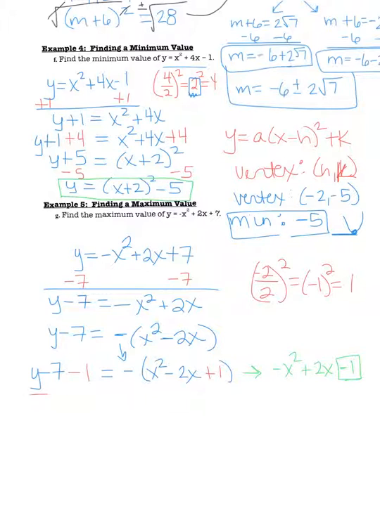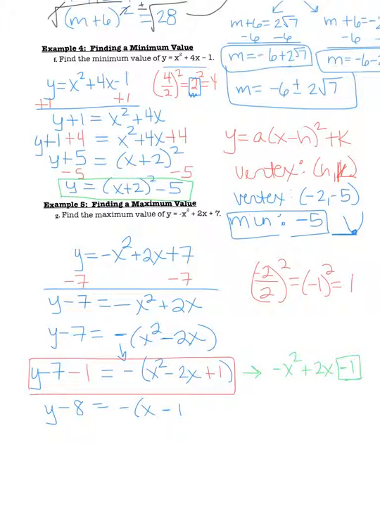Now let's simplify the equation, and we have y minus 8 equals negative, and this part, let's factor x squared minus 2x plus 1. So what times what gives you positive 1, but when you add it together you get negative 2, and the answer would be negative 1.